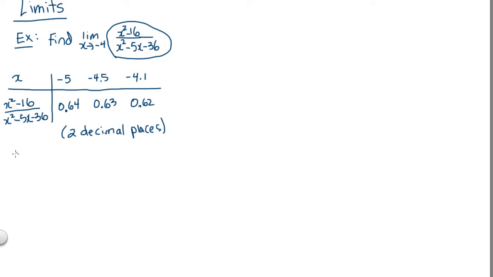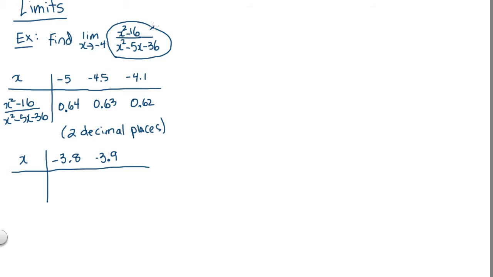Okay, we also may want to try this with some x values that are a little bit bigger than -4. So for example, we could try it with -3.8 and -3.9. So that way, again, we've got some x values that are close to -4, and they are getting closer to -4 as we move across to the right. So same idea.